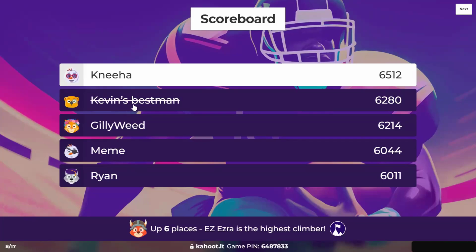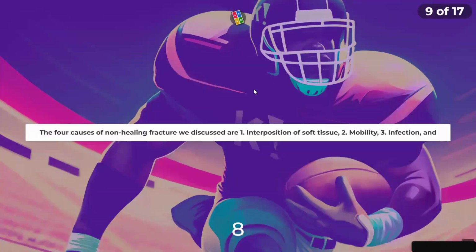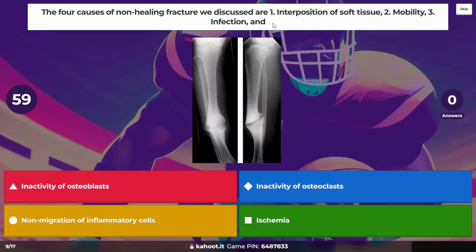Yeah, still in the need. Is Kevin getting married? You sound reluctant. Yeah. 4 causes of non-healing we discussed are interposition, mobility, infection, and what?